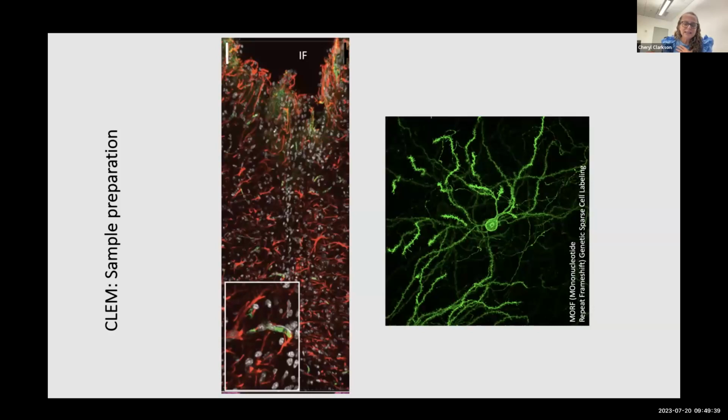The reality is that reporters are awesome, and I'm going to show you some examples with the reporter, but the majority of the time you need fiducial points, you need to label, for example in the CNS, the blood vessels, to have some areas to be able to localize your structure. So at the end, you finish using immunofluorescence.